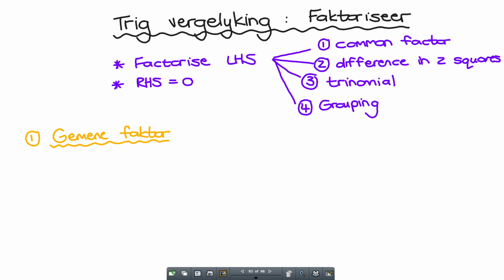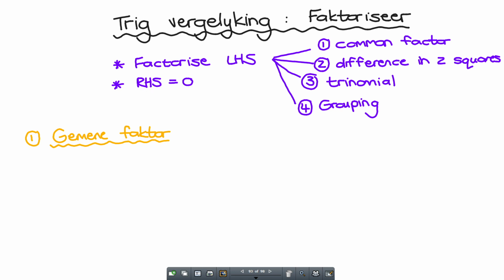Okay, right, so, with trig equations. Have a look when we factorize. First things first, when we factorize, think back to when you started grade 9 with factorization. We took everything to one side and then made it equal to 0. So the right-hand side, I want it to be equal to 0.